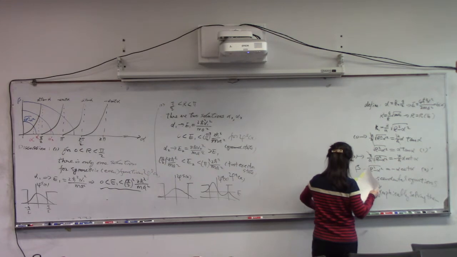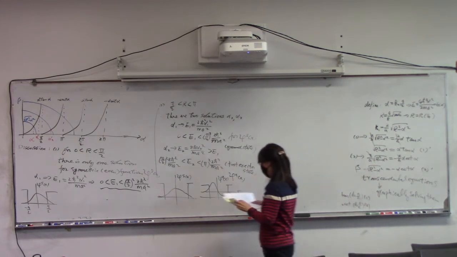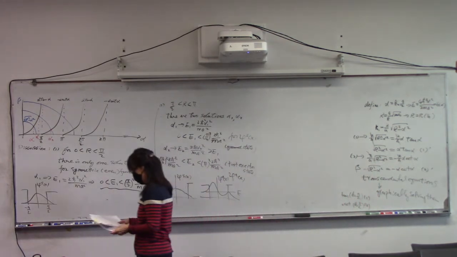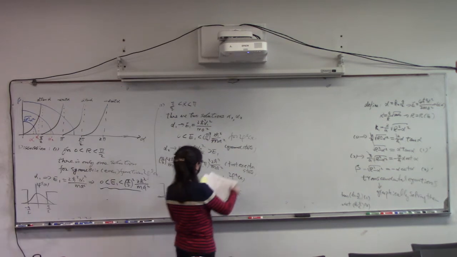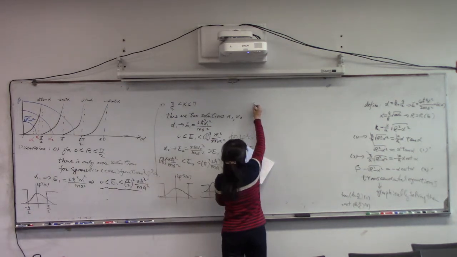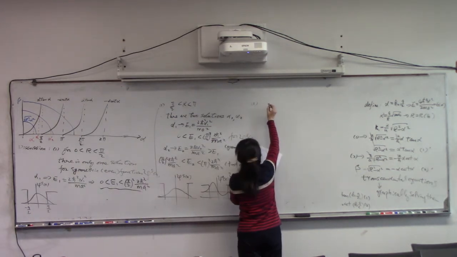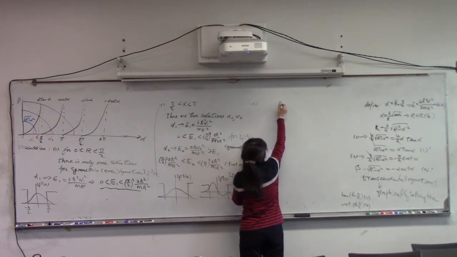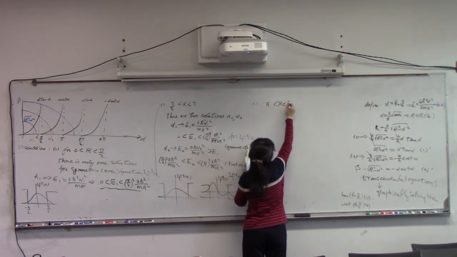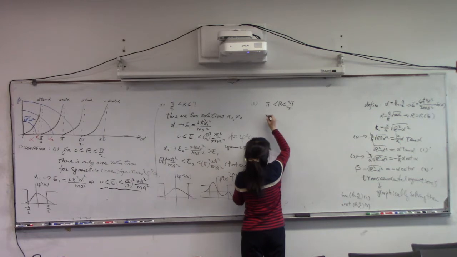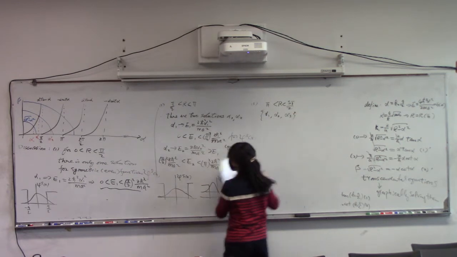Similarly, we can consider the case where R is larger than pi and smaller than 3 pi. Then we have alpha 1, alpha 2, and alpha 3. We have 3 solutions, right?